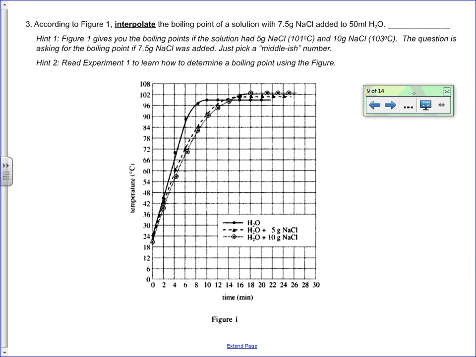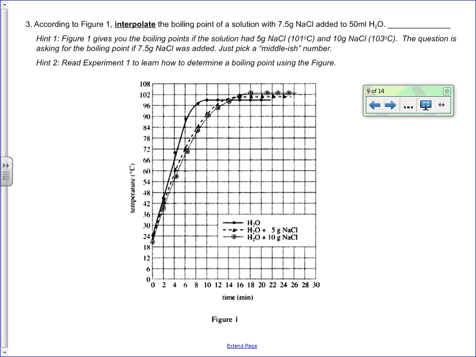Yeah, thank you. According to figure 1, interpolate the boiling point of a solution with 7.5 grams of NaCl added to 15 milligrams of H2O. We got 102 degrees Celsius. I give you 102.